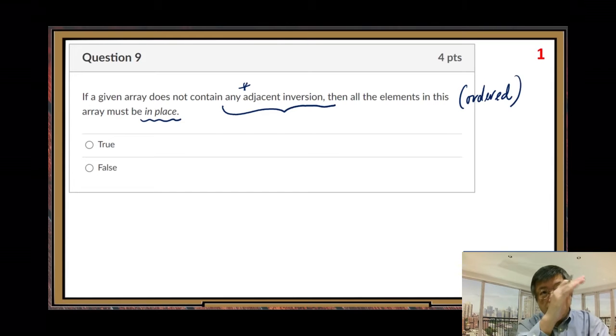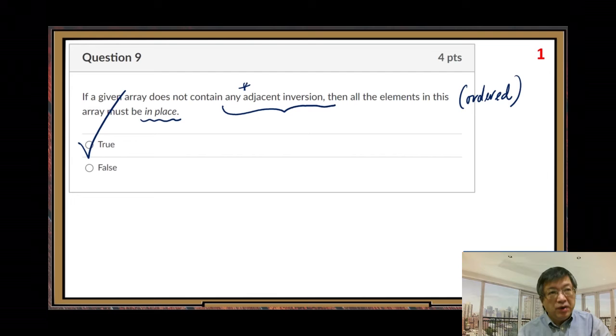Ordered increasingly, not decreasingly ordered. All right. First, the answer is true. If some of you didn't choose true, then probably you made your decision based on intuition.